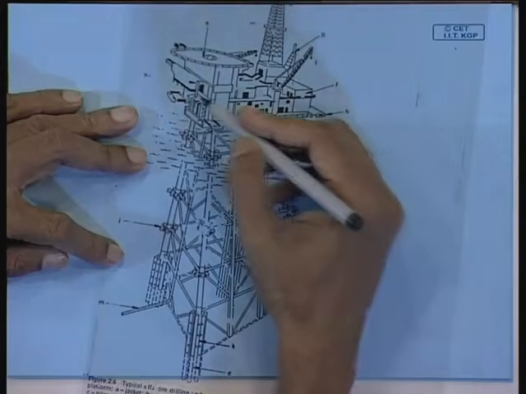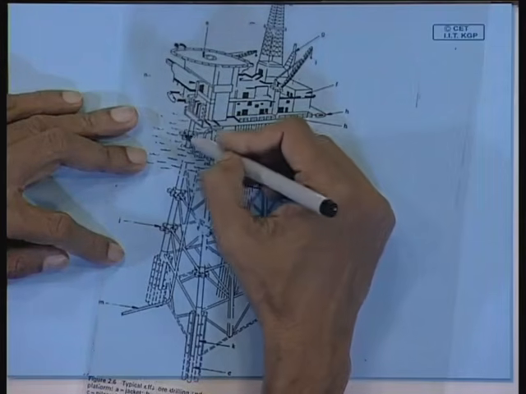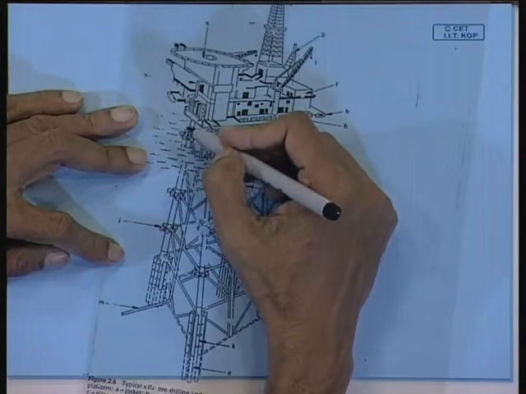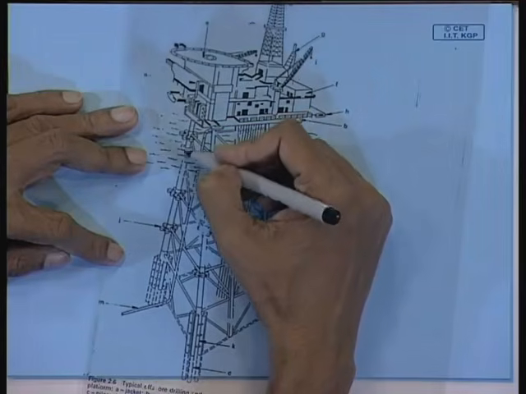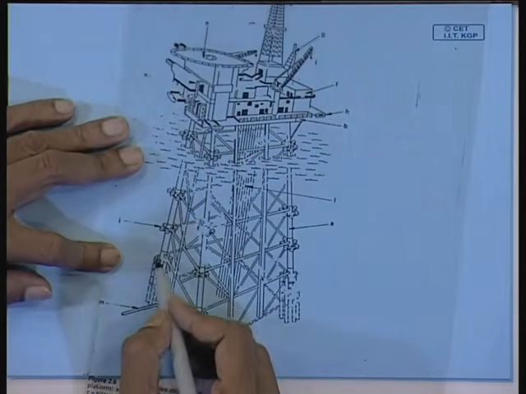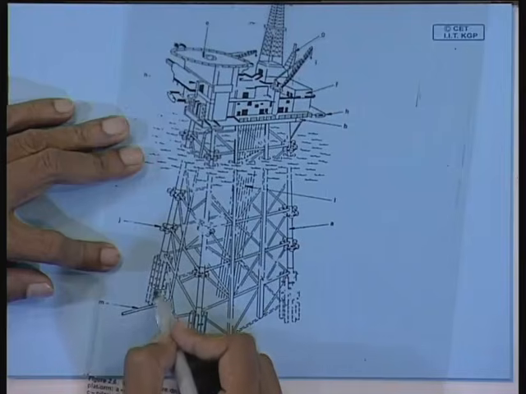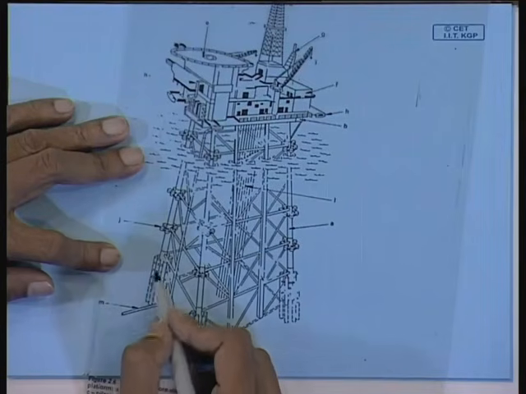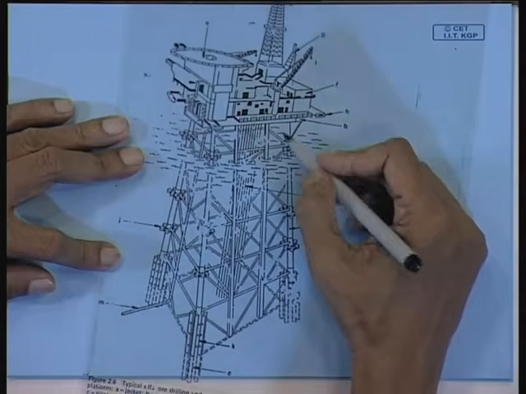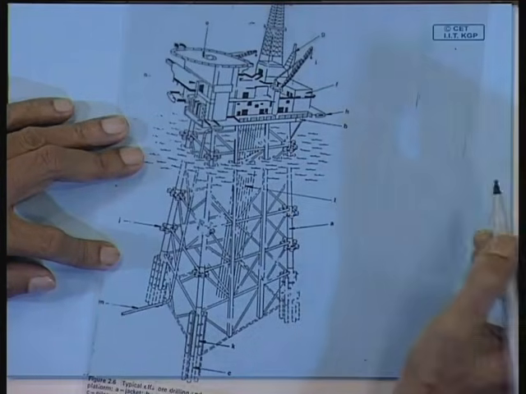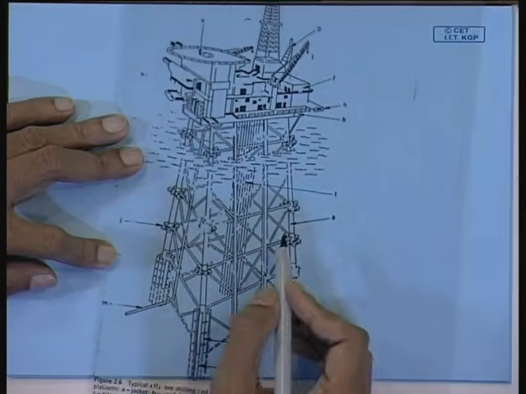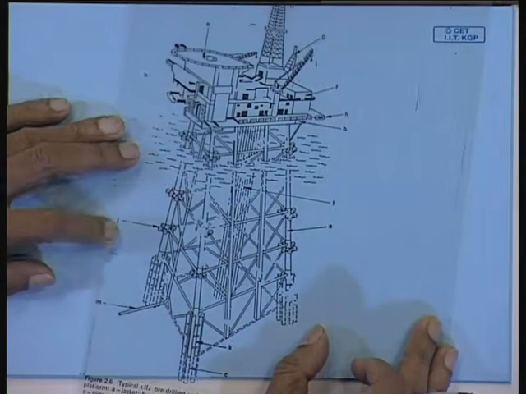Now when you drive a pile, these sleeves are there to drive the piles. The piles are driven through these sleeves, through these guides. You can see the guides, and onto the seabed down below. So this is a pile guide, and this is a truss type of structure. You can see the bracings.